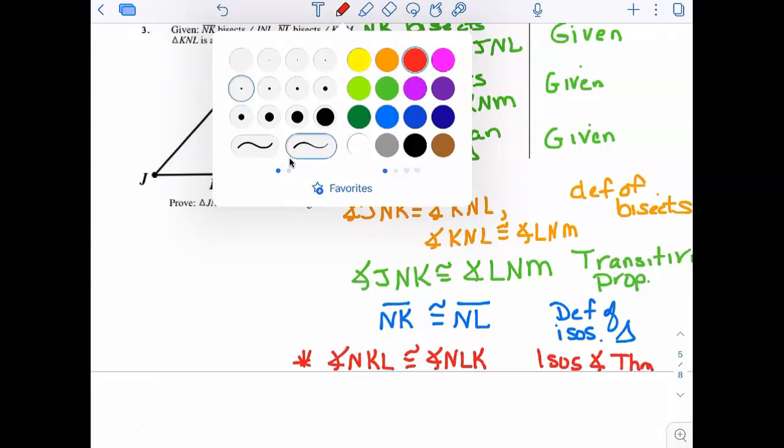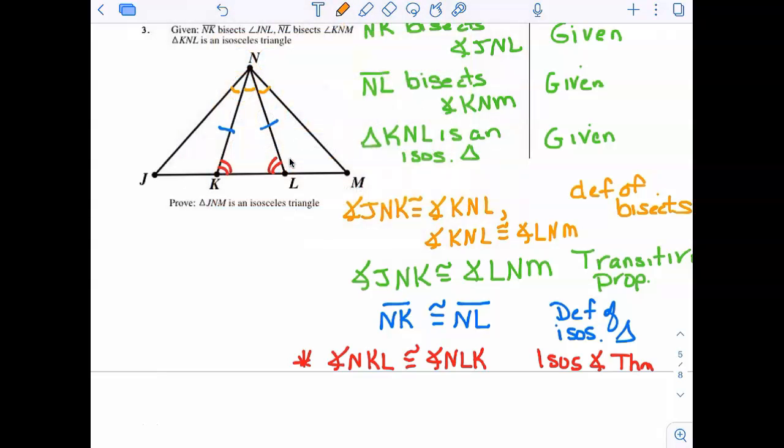Okay, so I'm going to write the measure of angle NKJ, that's this angle here, plus the measure of angle NKL, so that's this angle here, those total up to be 180 degrees.